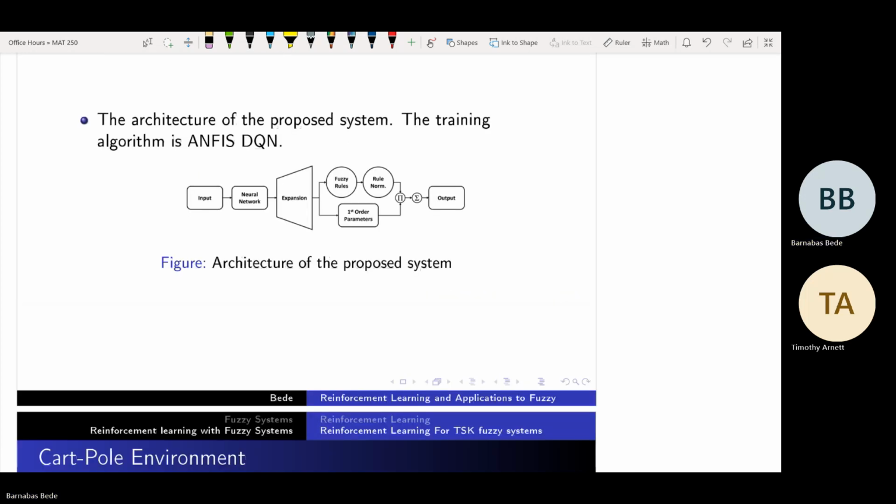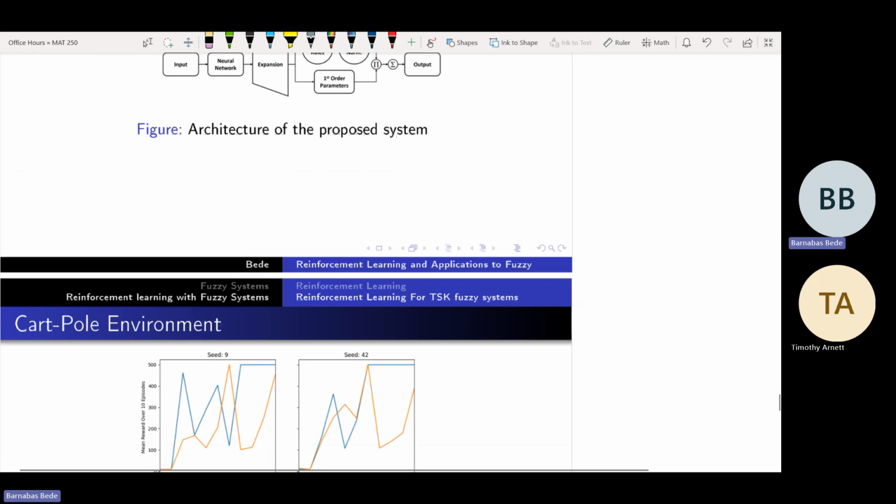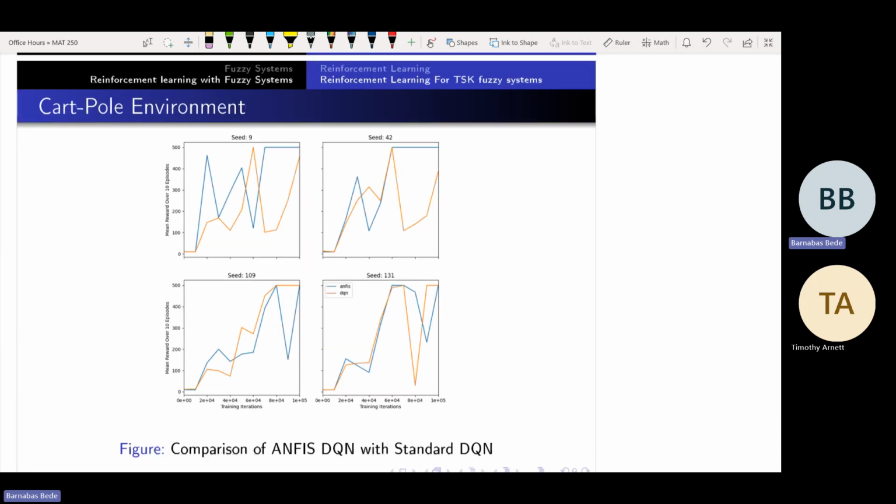What we obtained here: blue is always the ANFIS and orange is the standard conventional deep Q-learning application.